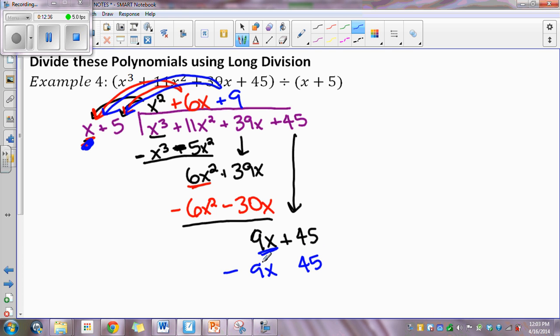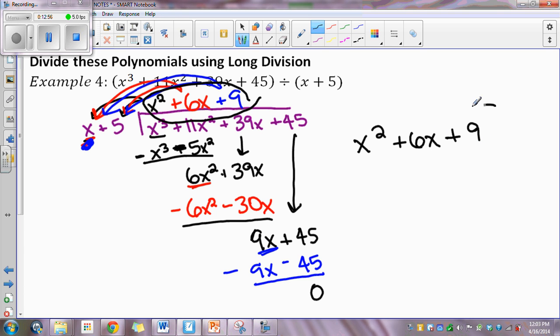And remember to subtract them. And remainder of 0 once again. So our final answer is everything that's left on top, which is x squared plus 6x plus 9. So there's your answer to the last example. And we will do more of this in class tomorrow, and we will also be doing some factoring with polynomials.